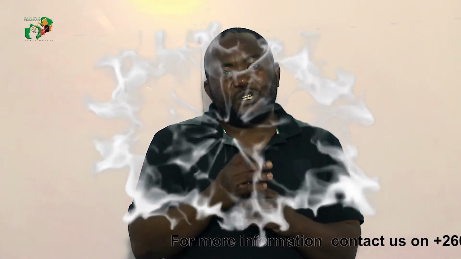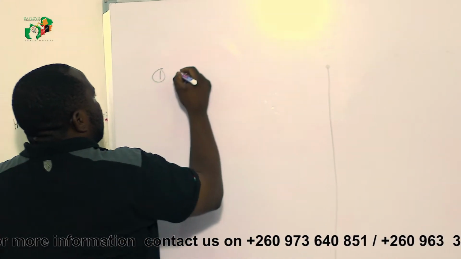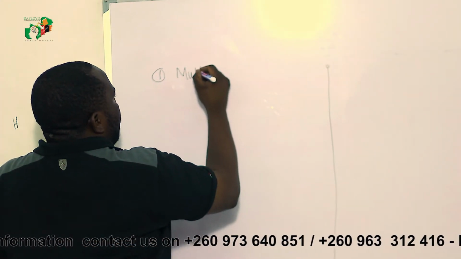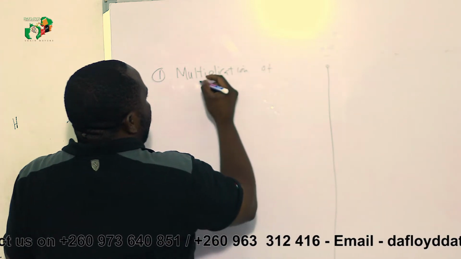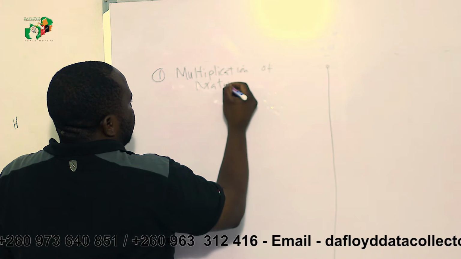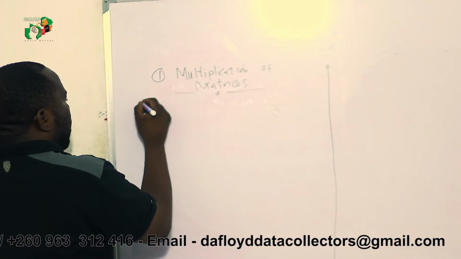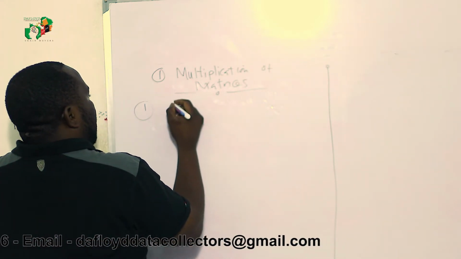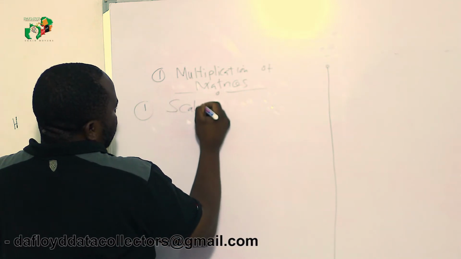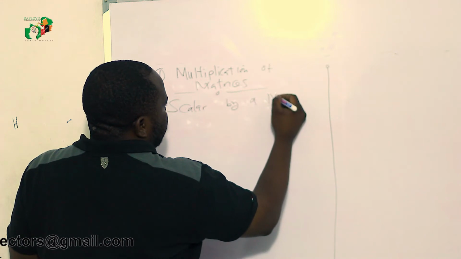So let's look at multiplication. It's very easy and very interesting. Multiplication of matrices. Number one, we'll look at a scalar by a matrix.